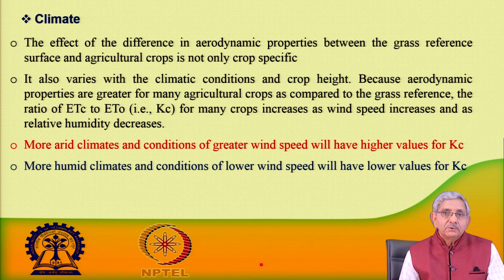For many crops the value of Kc increases as the wind speed increases and decreases with the decrease in relative humidity. So, Kc value is higher for more arid regions and conditions of greater wind speed. More humid climate and conditions of lower wind speed have a lower Kc value.